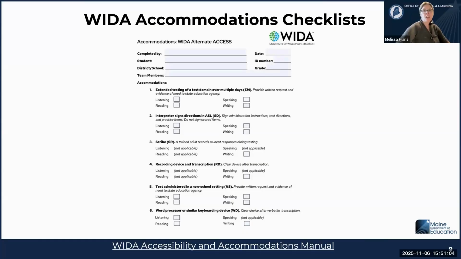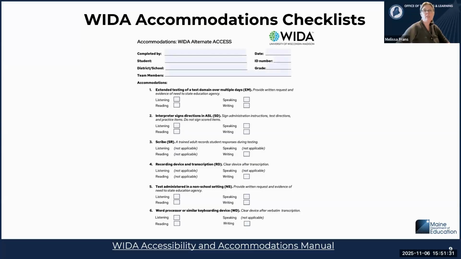there are fewer accommodations here because of the universal design and adaptive considerations that are built in specifically for multilingual learners with significant cognitive disabilities. This test is a 1-to-1 administration on paper. So there is a separate training module, a different assessment procedure and scoring that you would do for the Alternate Access test.